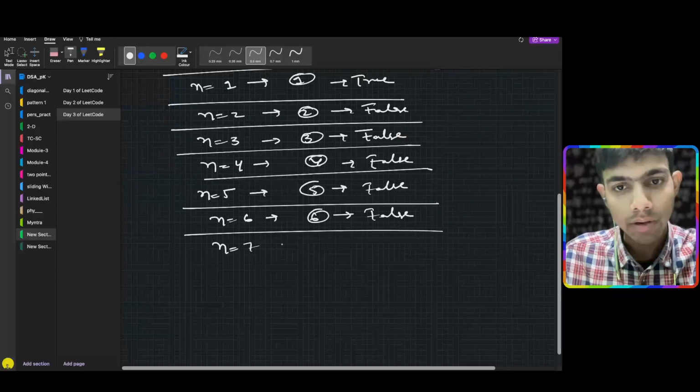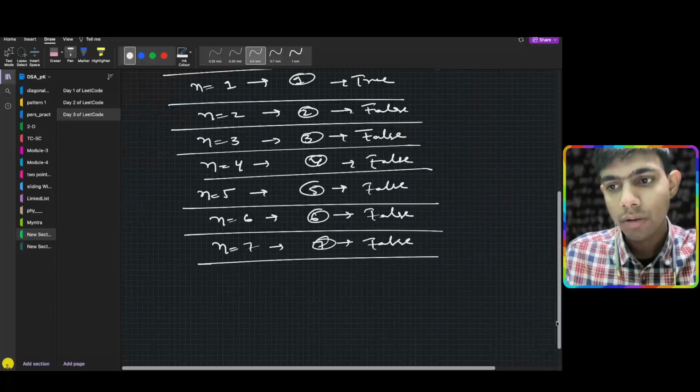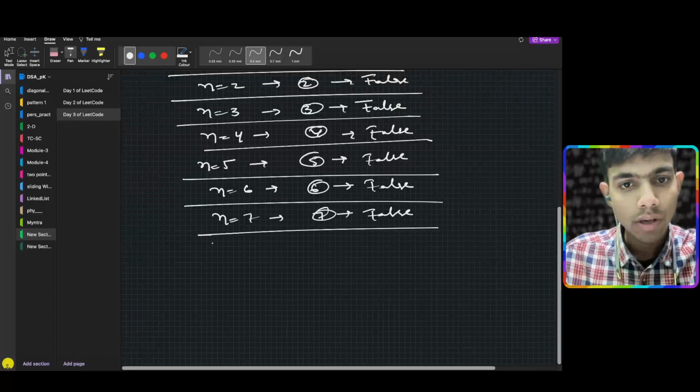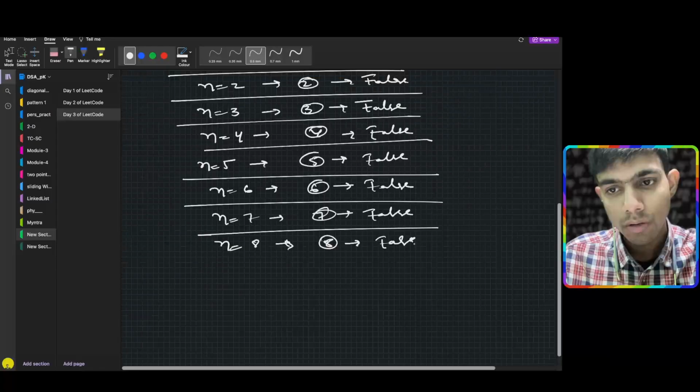N is 7, ending is 7, that means false. N is 8, ending is 8, that means false.